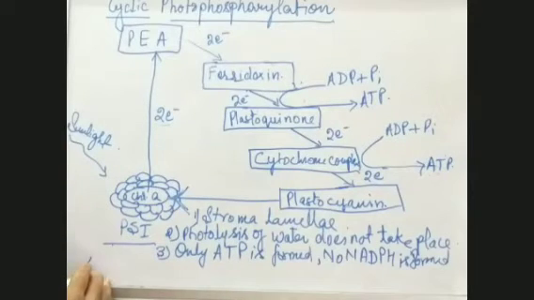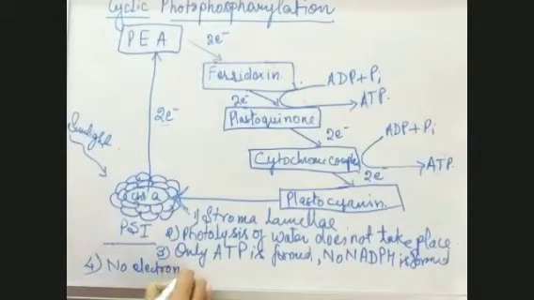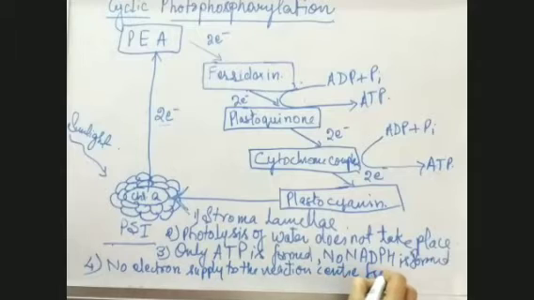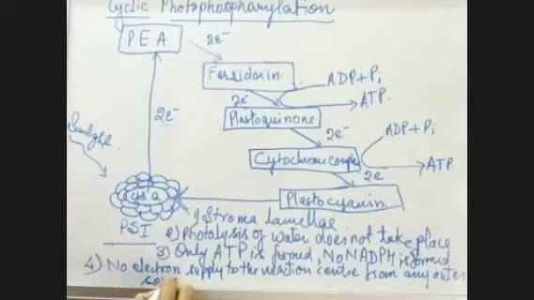So the fourth important point, no electron supply to the reaction center from any outer source.